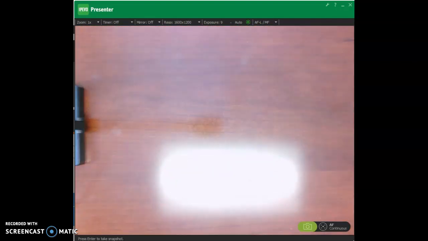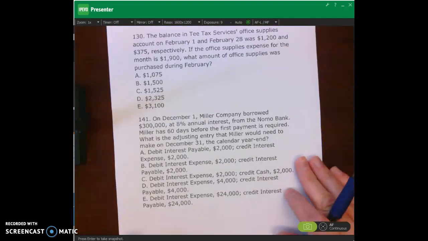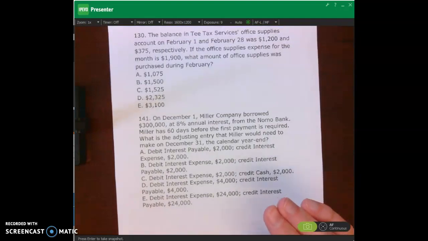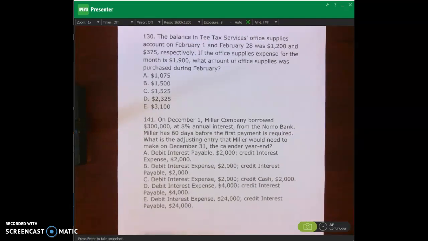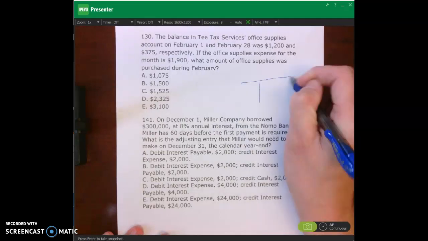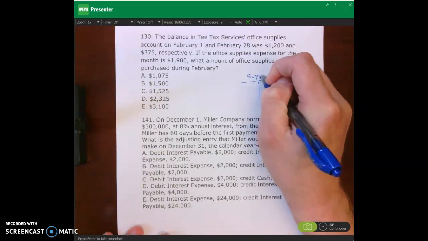Let's look at 130 and 141. I'll do both these together, okay? So we look at supplies. We're going to do our supplies T account.